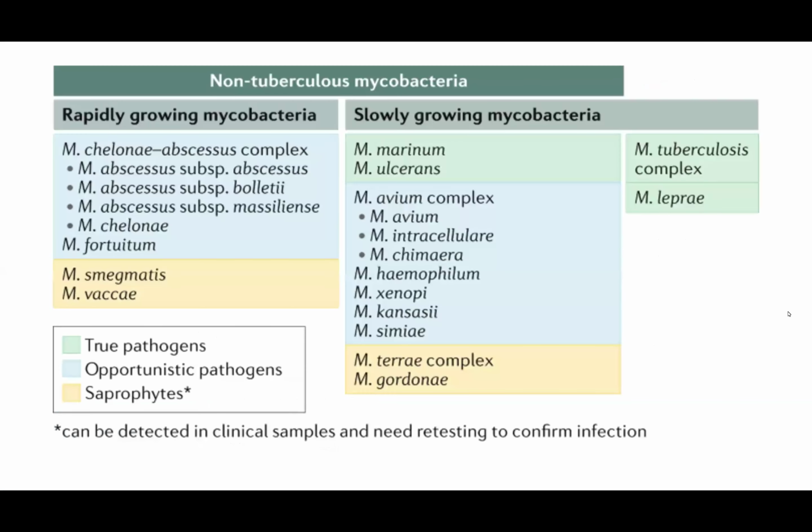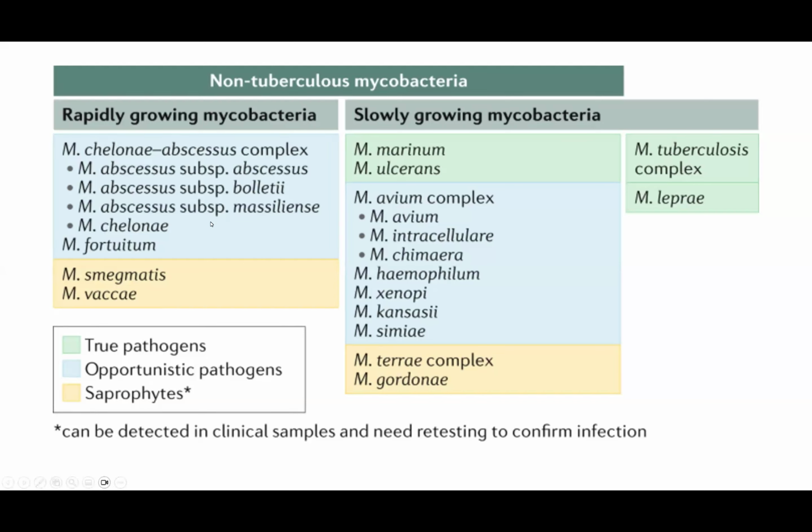So this, I thought, was very nicely set out. There's the MTB complex, M. leprae, and then all the others are known as the non-tuberculous mycobacteria, which, from a lab point of view, are the rapidly growing and the slowly growing. The marinum and ulcerans, with our TB and leprae, are true pathogens, implying that whether you're immunocompromised or immunocompetent, these can cause disease.